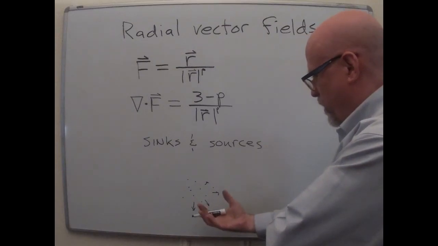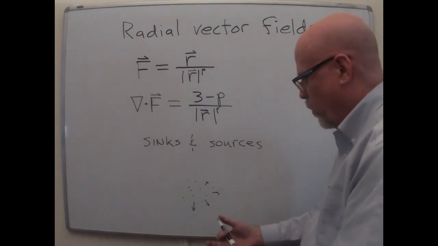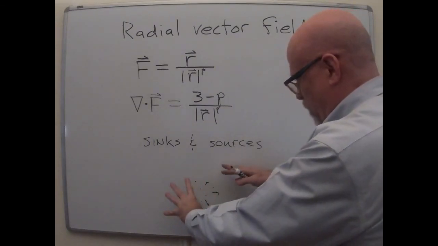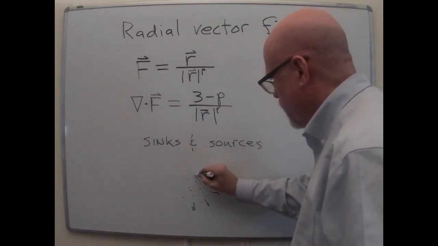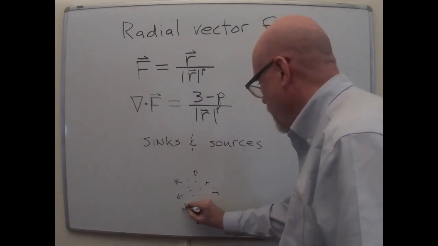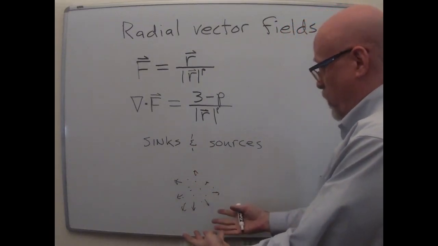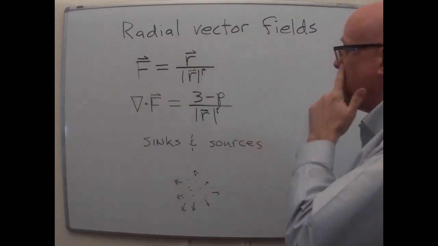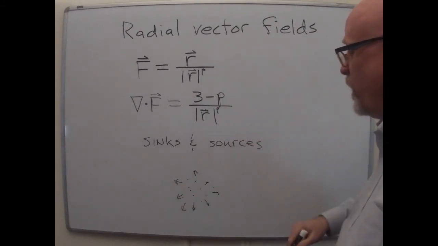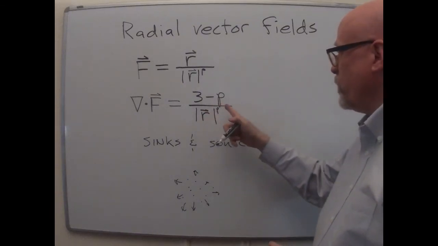Think of irrigation systems, where your lawn gets irrigated by seeping water into it, and eventually you get a whole lot of flow coming off the sides if you leave the thing on too long. So you may have a source all over the place or a sink all over the place, and that's kind of what's going on with these radial vector fields, with the two different possibilities for p.